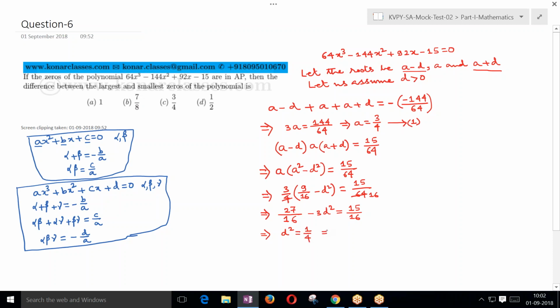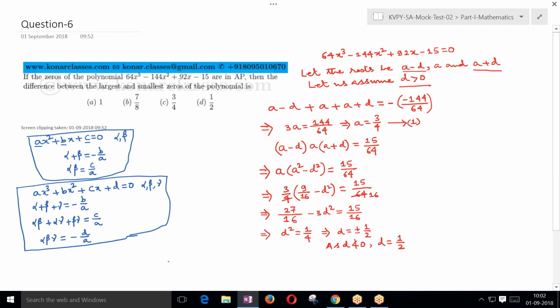That will give you d is equal to plus minus 1 by 2. But we assumed that d is greater than 0. So as d cannot be less than 0, the value of d we get is 1 by 2.